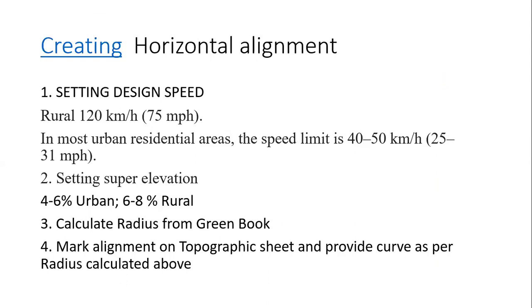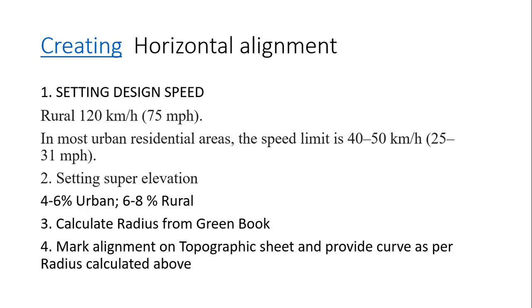Some of you may be studying this course for the first time. You have to be sure that whatever the plan, there is always a plan map or plan sheet, a profile sheet, and a cross-section sheet.